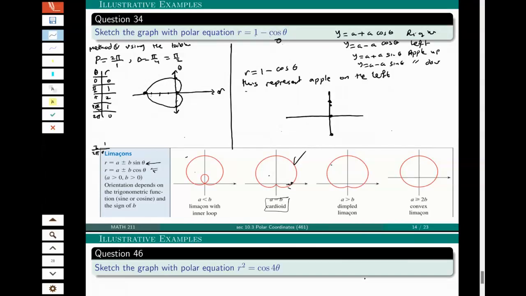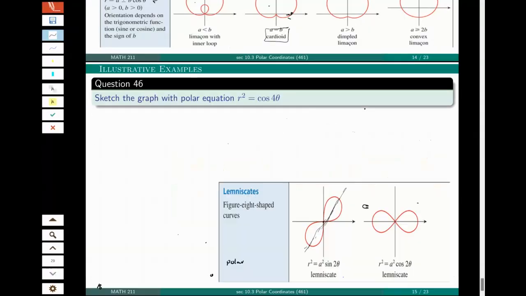And that will be again 1, that will be 2, so it's apple of this shape. Okay, so either using the table or simply use points.